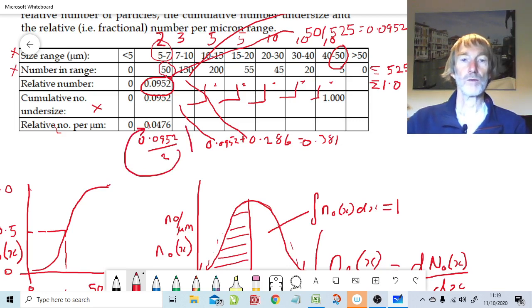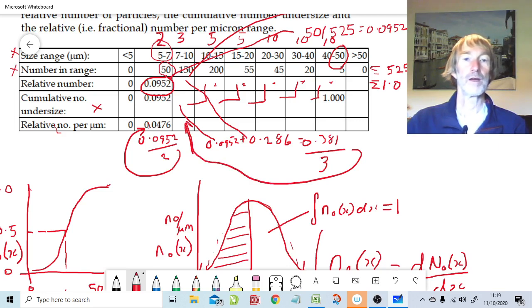Likewise here, we're taking whatever we found the relative number to be, which was 0.381. The range here though is 3 microns, so we're dividing by 3 in order to get the relative number per micron range in there.